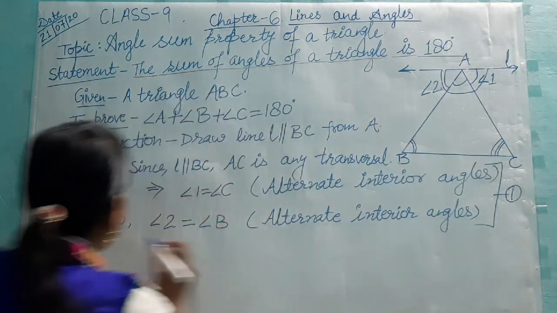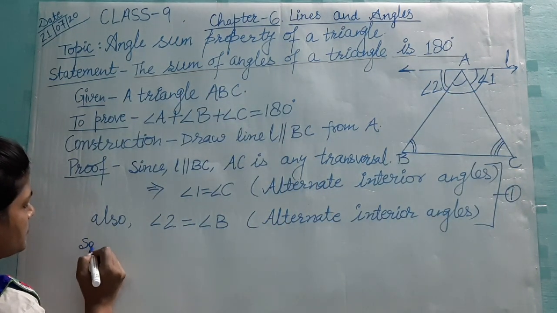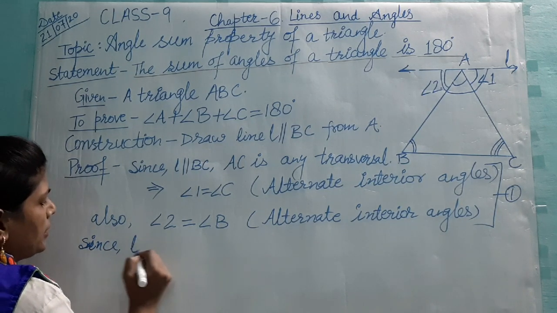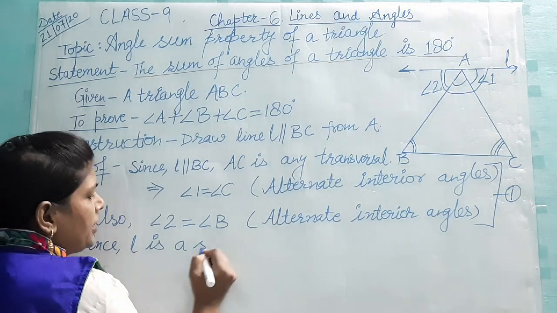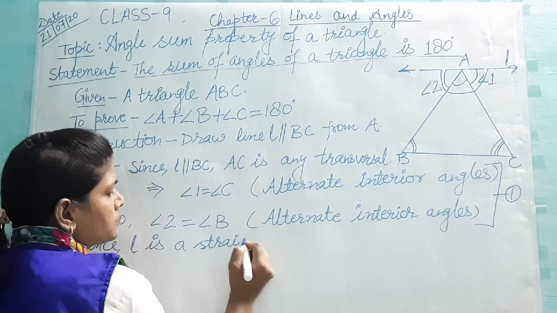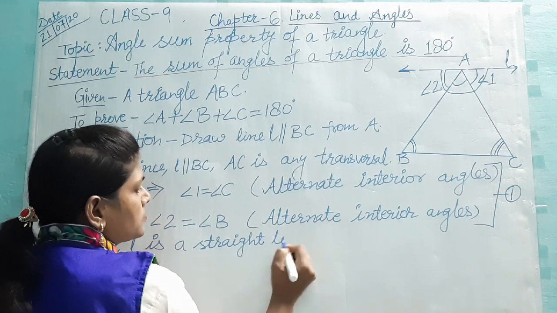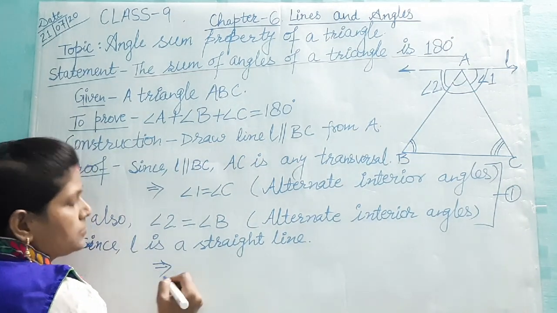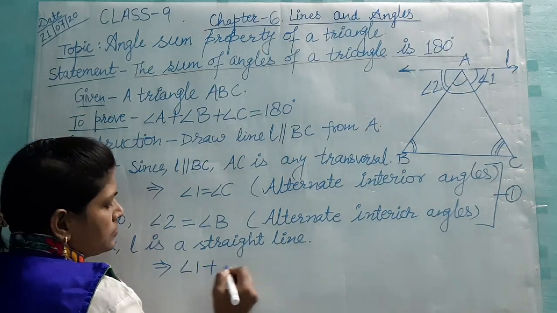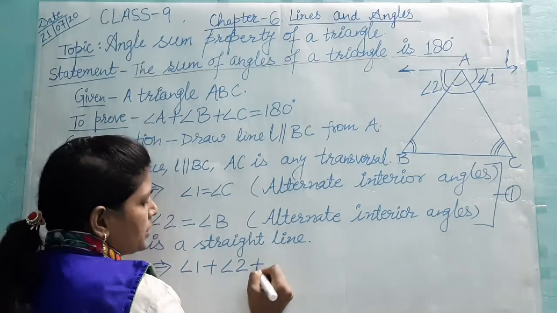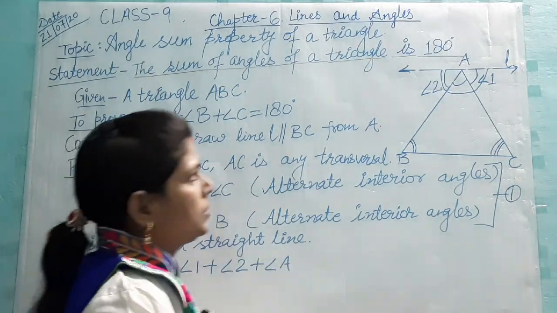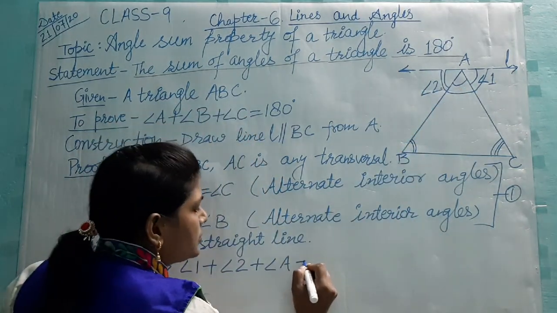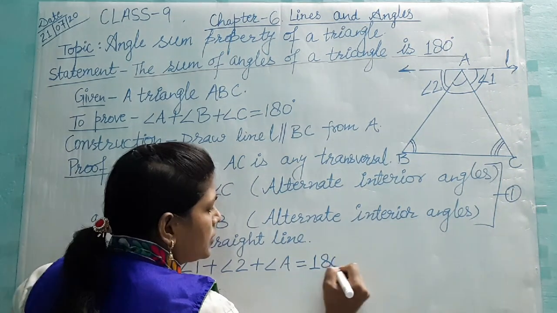So here we write, since L is a straight line, this implies that angle 1 plus angle 2 plus angle A, this angle is angle A, equals 180 degrees.